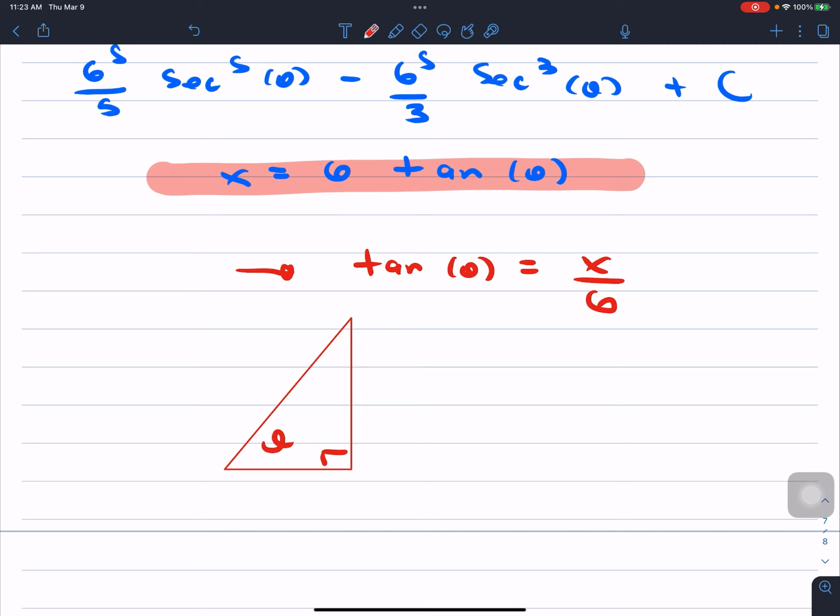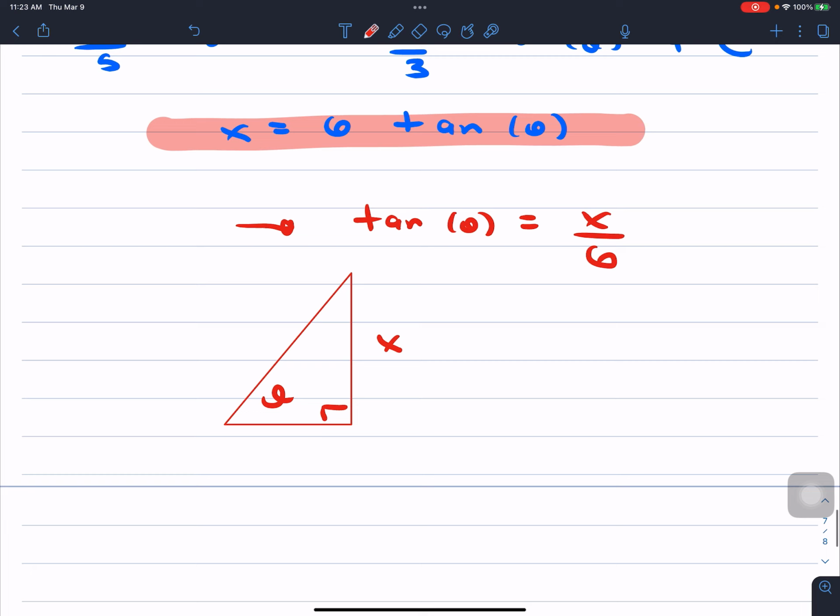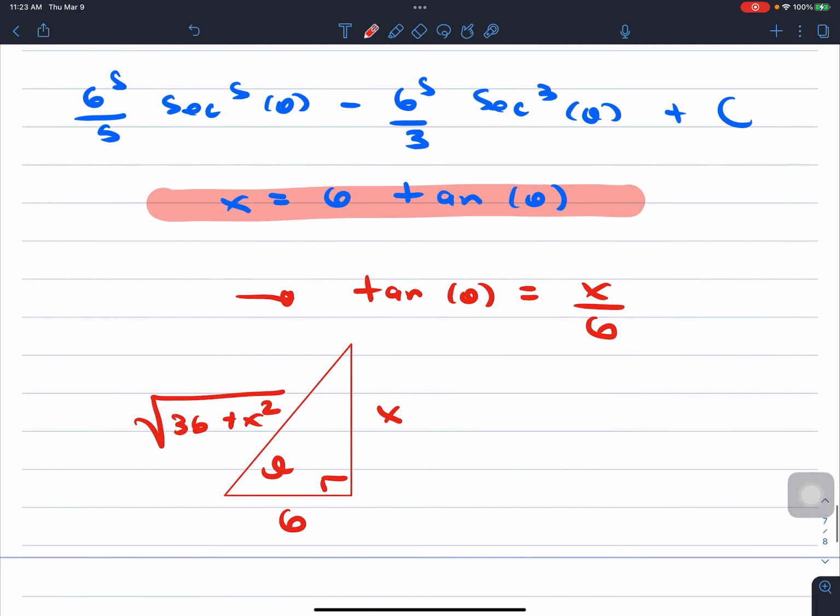And what's the definition of tangent again? Isn't it opposite over adjacent? You know what you get here by the Pythagorean theorem? You get the square root of 36 plus x squared. You always get that radical. Okay? So now, what do we need? We need secant. How do you get secant?